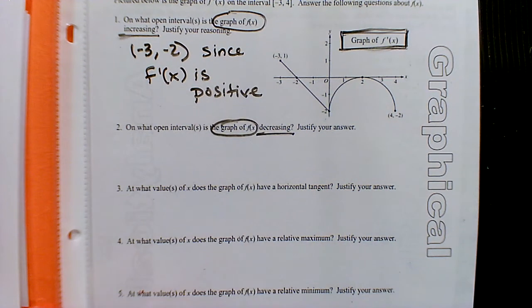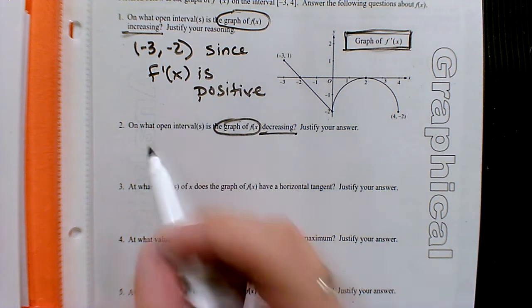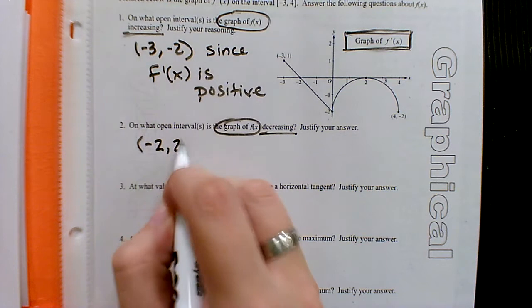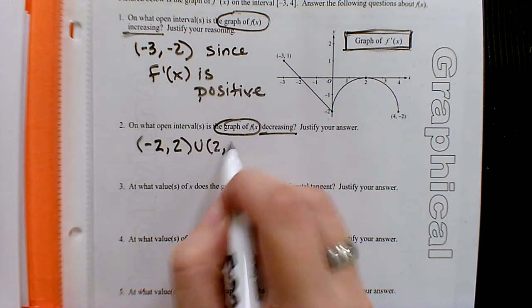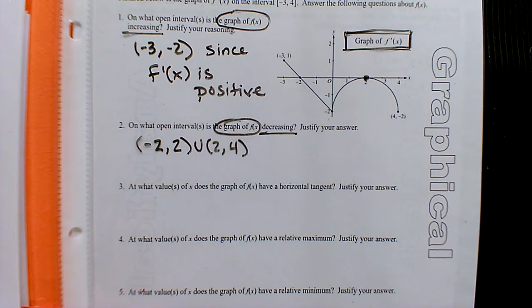Can you give me those intervals? -2 to 2. And 2 to 4. Why did you not include 2? That's good. Because it's a 0 slope, so it'd be a max.